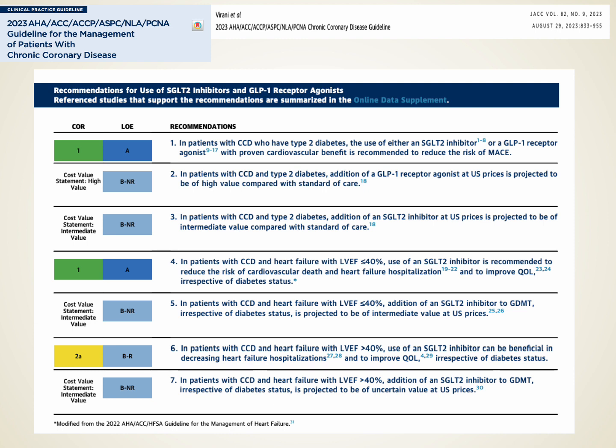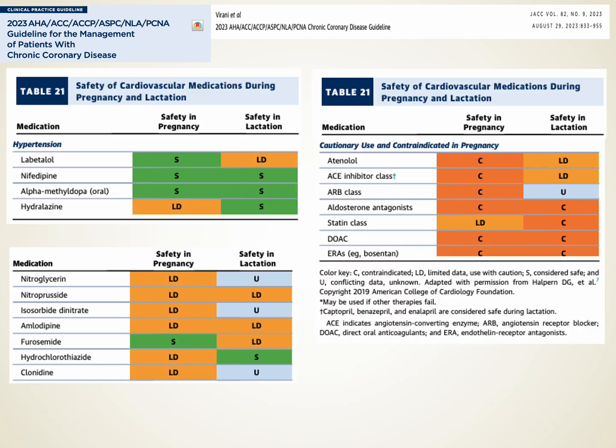And so the role of SGLT2s and GLP-1s is going beyond the initial indication for type 2 diabetes. Finally, the drugs in pregnancy are listed here, keeping in mind which agents are safe or safer to consider using in pregnancy.